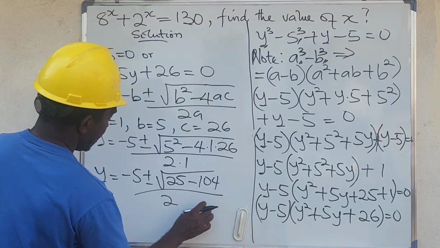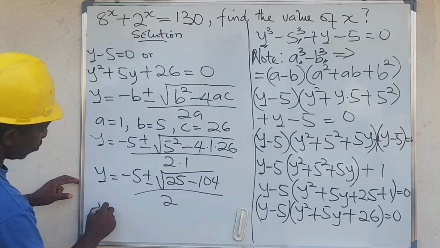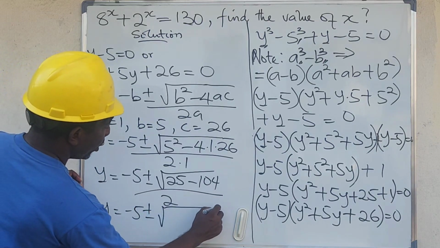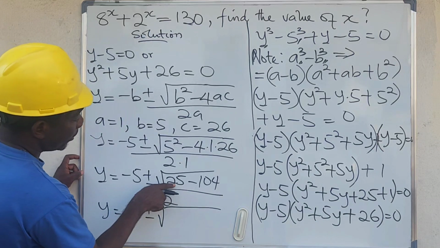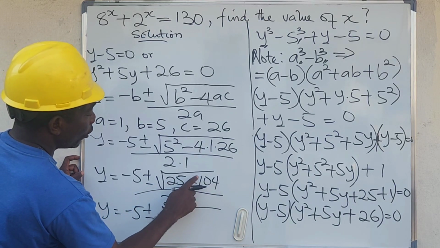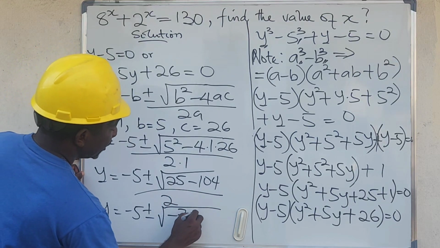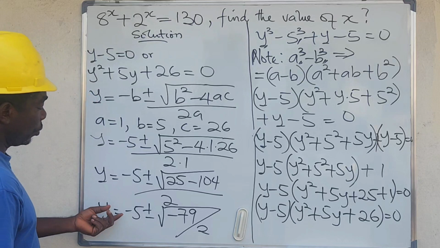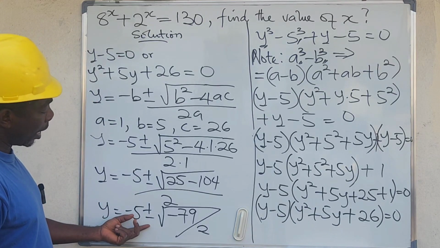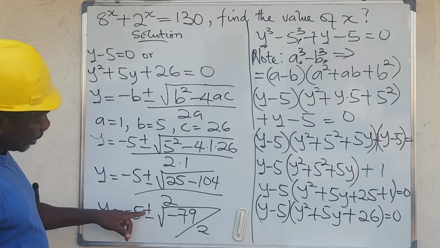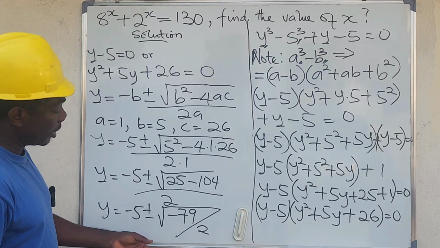So y equals minus 5 plus or minus the square root of 25 minus 104, which gives us minus 79, all over 2. So this is the value of y, and there are two values of y, plus and minus. We are going to separate them.